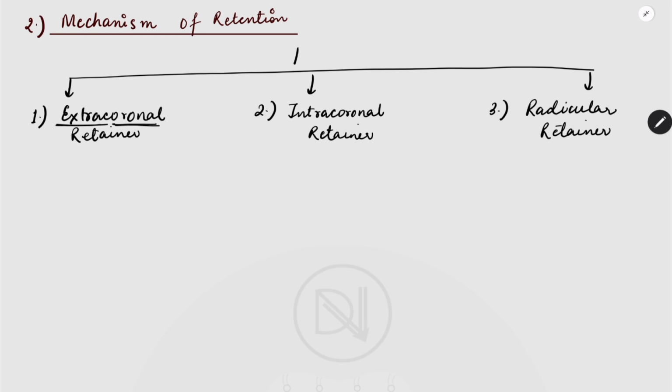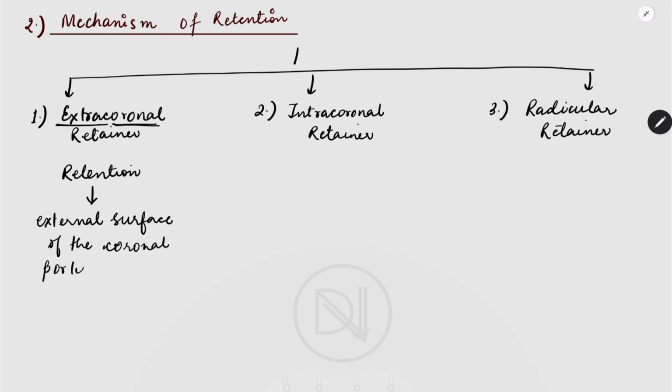So here the name only suggests extracoronal, that is from the external surface of the coronal portion of the abutment tooth. So here the retention is achieved from the external surface of the coronal portion, that is the crown of abutment teeth.